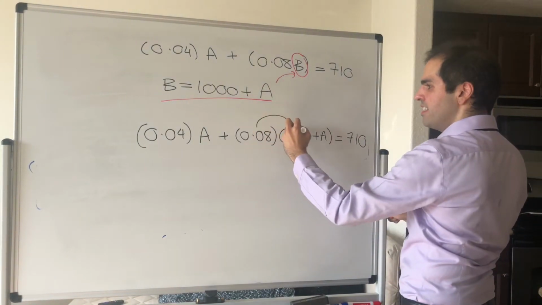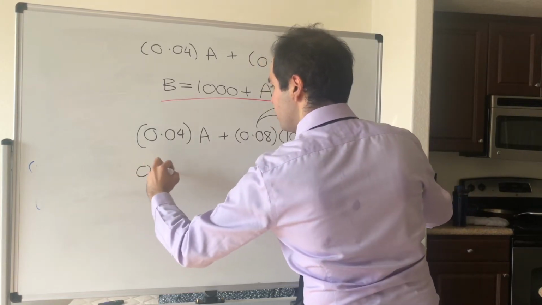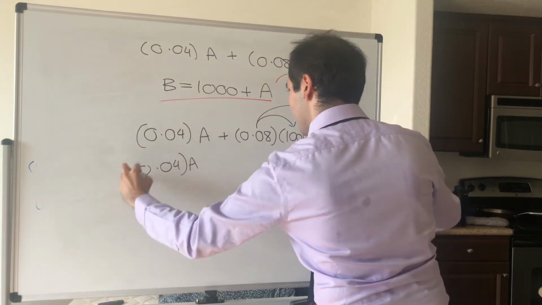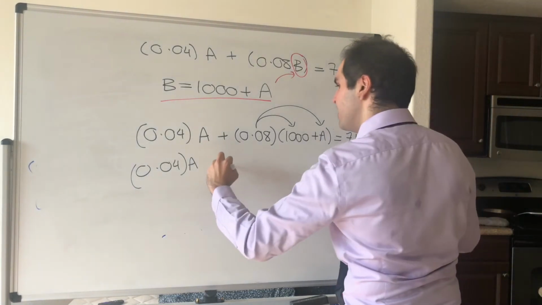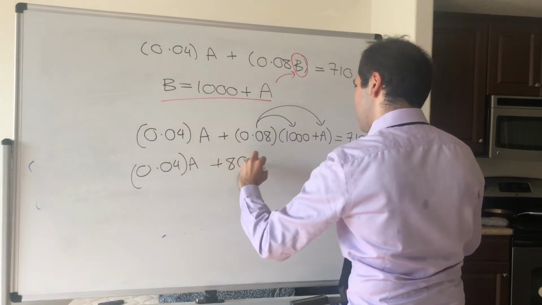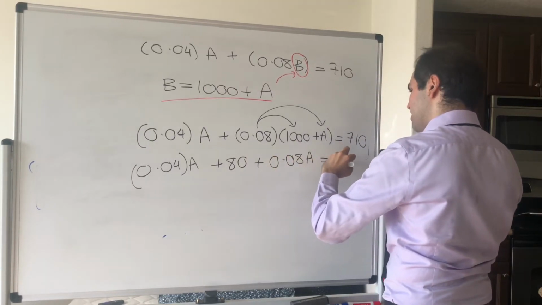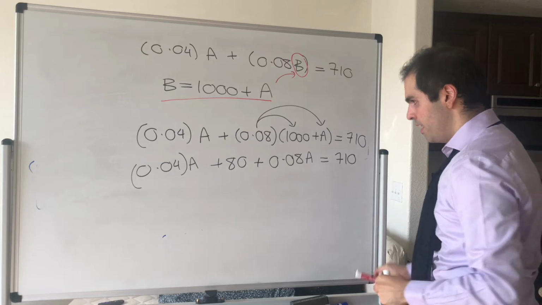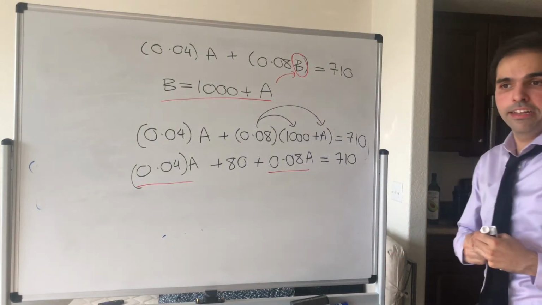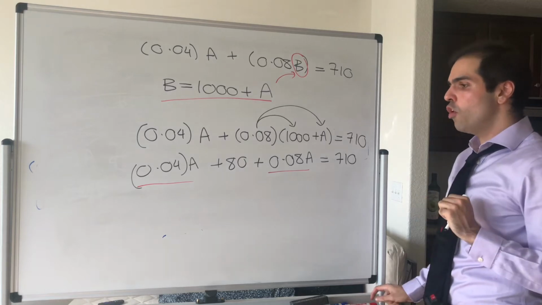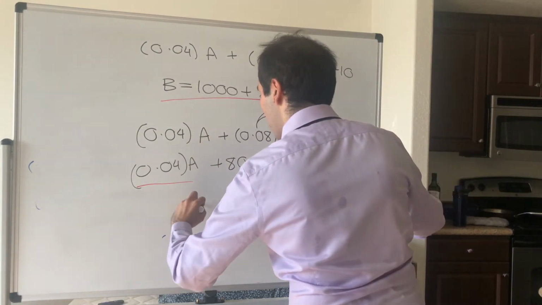But now the nice thing is you can distribute that. So we still have the 0.04a. Now, 0.08 times 1,000, I believe that's 80, plus 0.08a, that's 710. Now, those two things, you can combine them to get 0.04 plus 0.08, that's 0.12.